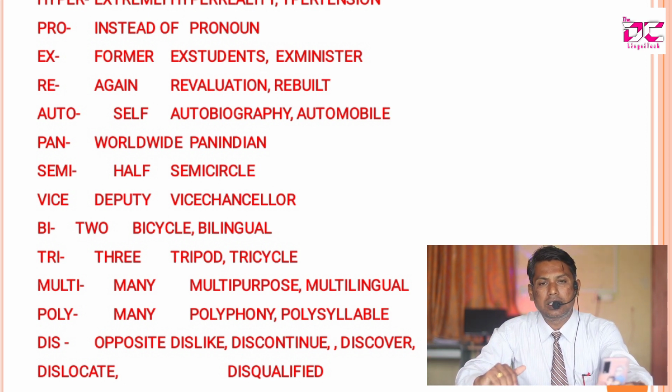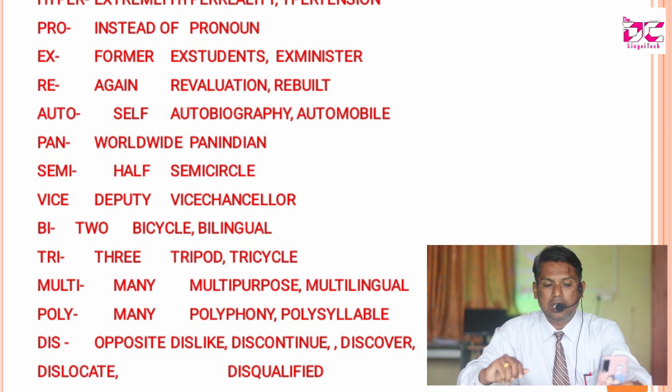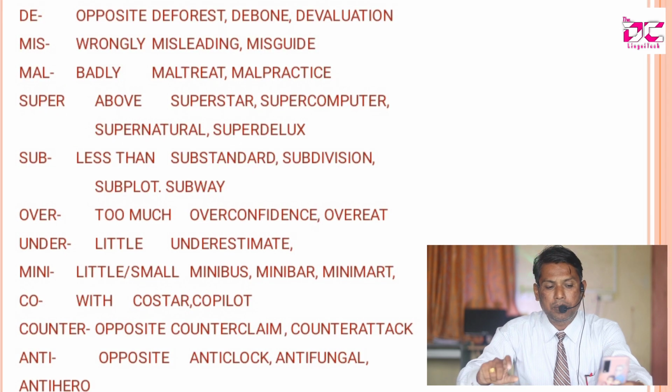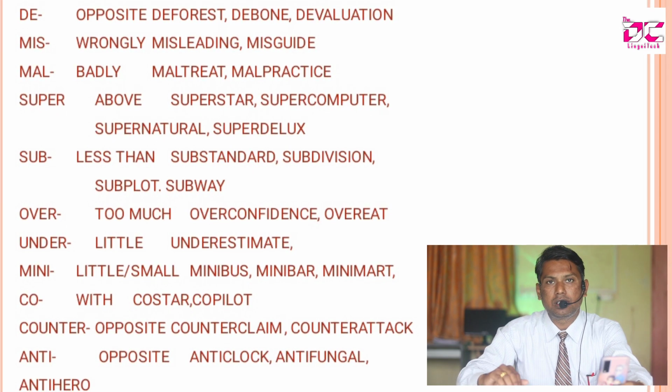Then we have dis. Dis is opposite to the word. When I say dislike, discontinue, or you can say discover, disapprove, dislocate, disassociation, etc. Disqualified. We have another prefix, de. It does mean opposite.